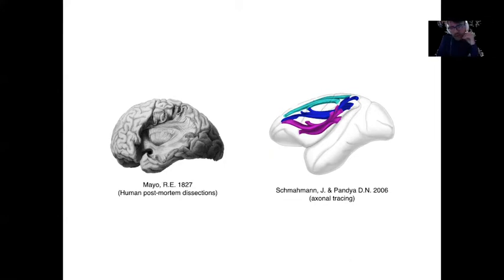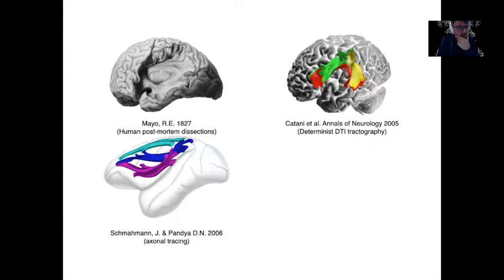However, when I started my research in my postdoc, all we had really for frontoparietal connections was the description from Professor Catani of the arcuate, linking the ventral frontal cortex with the ventral parietal cortex, and nothing else. And I couldn't think that the dorsal frontoparietal network, the dorsal attention network, would be wireless.